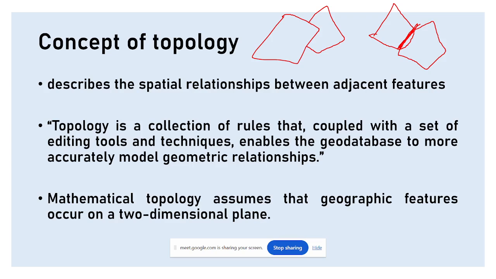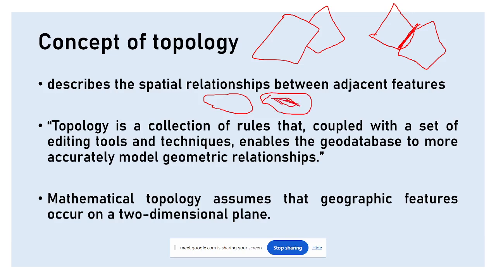And mathematically, this is a mathematical concept which was integrated into GIS. Whatever features, like that's what I was saying, you might see, let's say, a pond. We have a pond here, and then we have a patch of vegetation over here, a lot of trees.